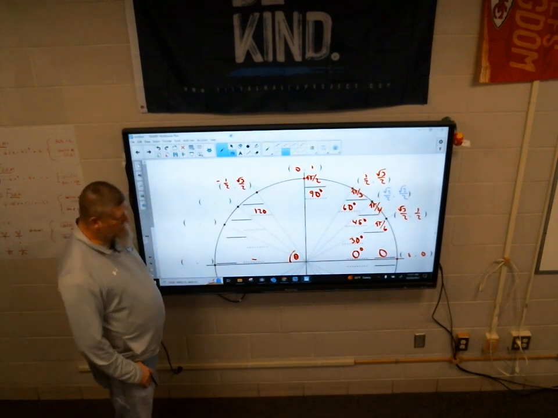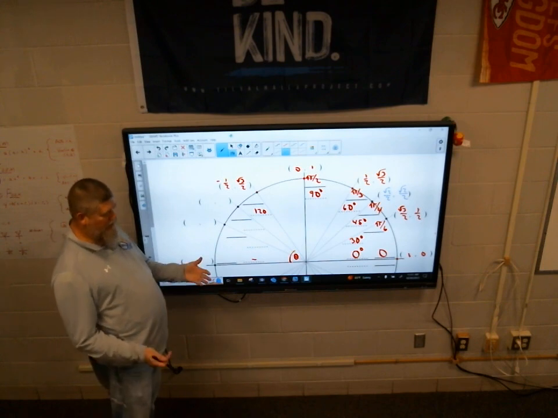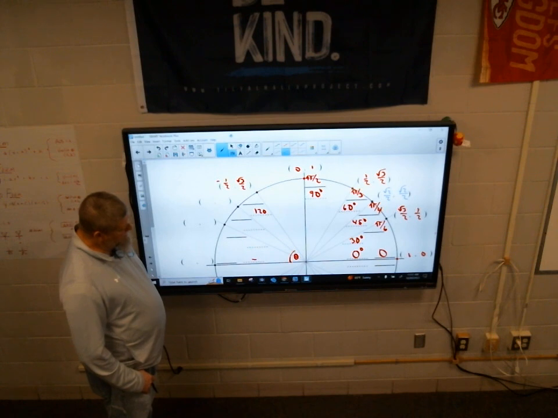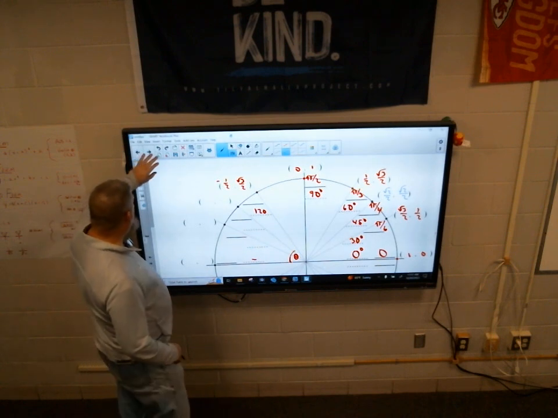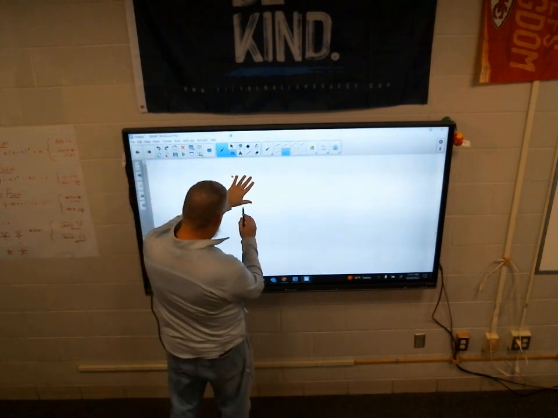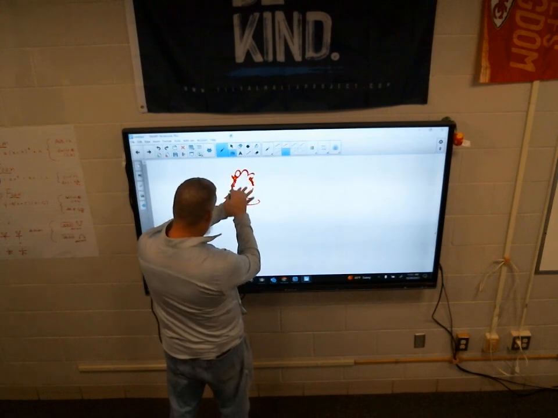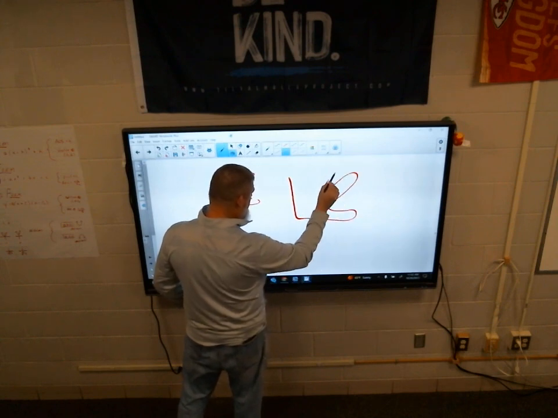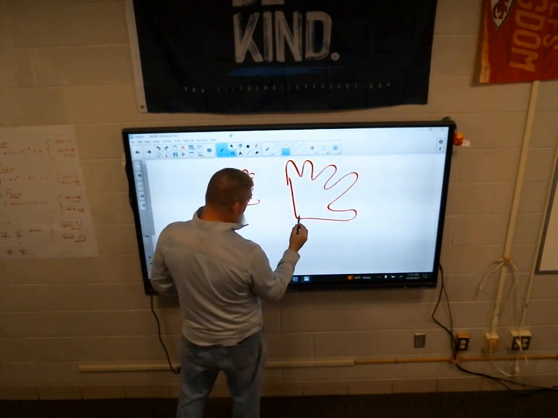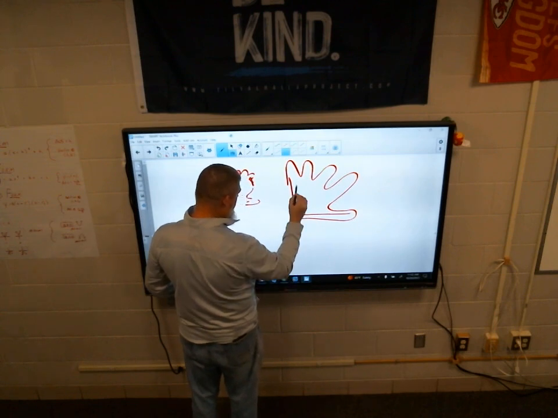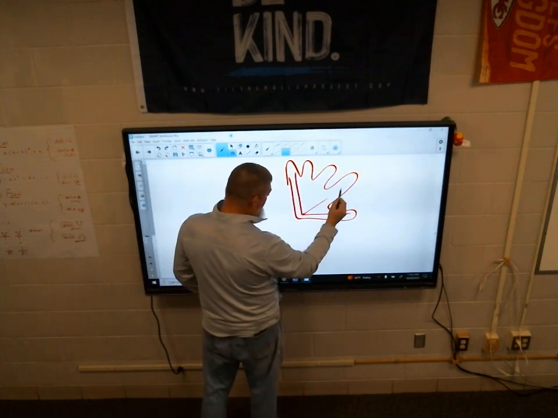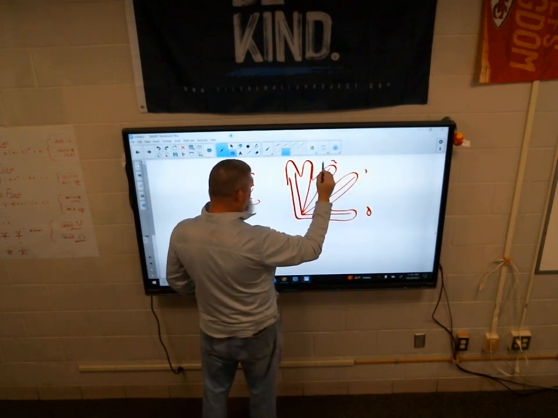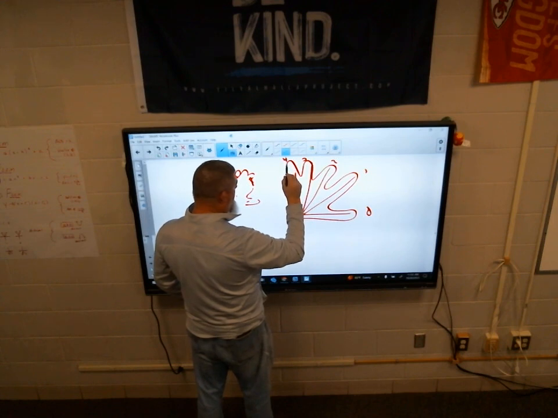There are lots of ways to memorize it. I've seen lots of cool ways, and you don't really have to memorize the whole thing, just get the first quadrant if you can get the pattern to it. I saw one video where you use your hand, 1, 2, 3, 4, 5. There's 0 degrees, there's 90. So you have 0, 1, 2, 3, 4.